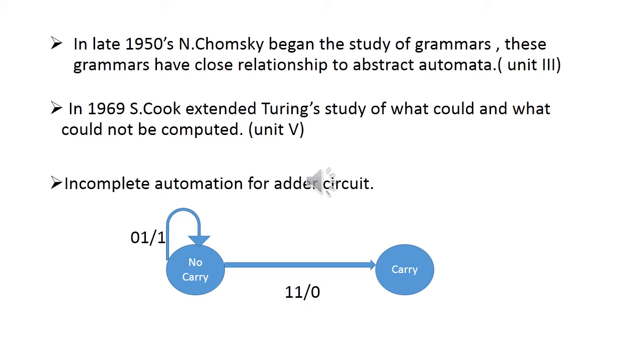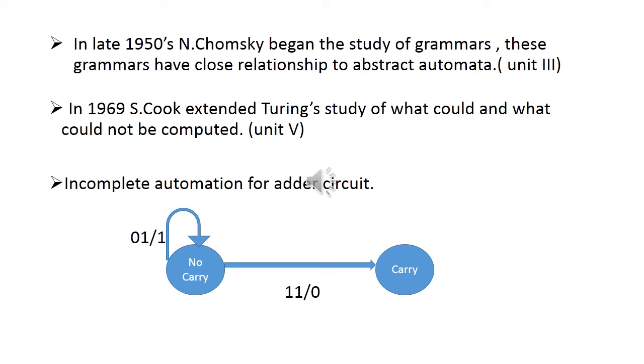So we stay in the no carry state, which we have shown by a transition into the no carry state. The arrow is going into the no carry state. Now consider your inputs as 1 1. In that case, sum is 0 and a carry is generated: 1 and 1 is 0 carry 1.